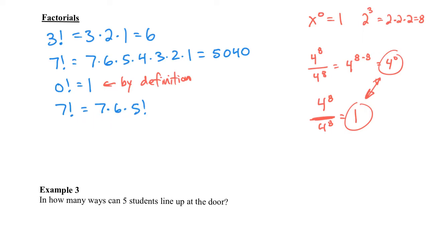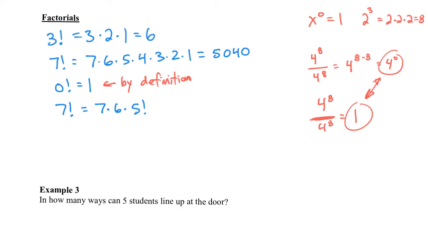The factorial function is said to be a very fast function, meaning it increases really quickly.